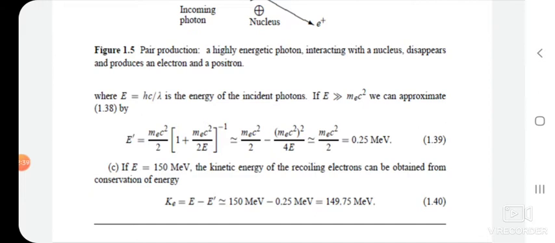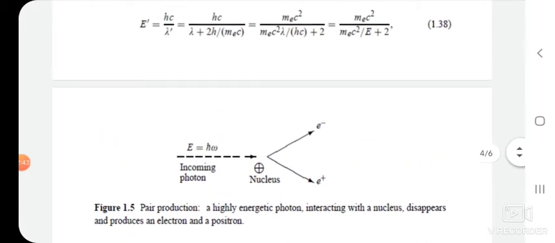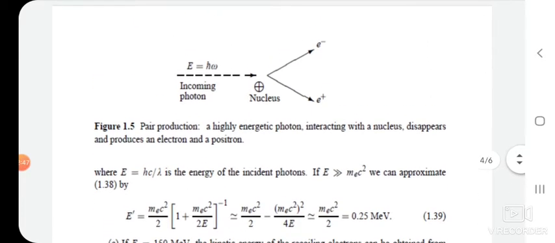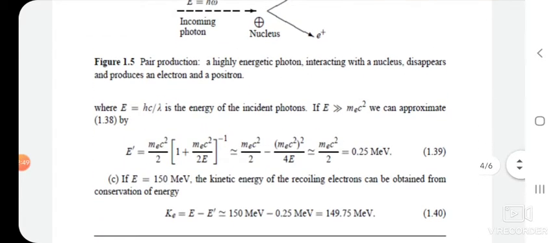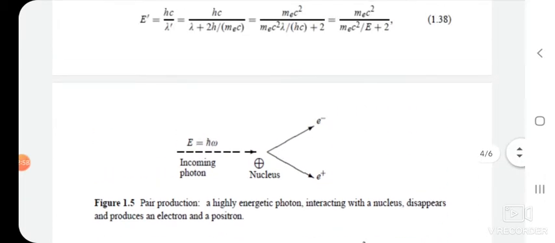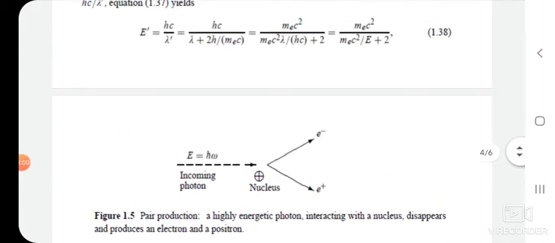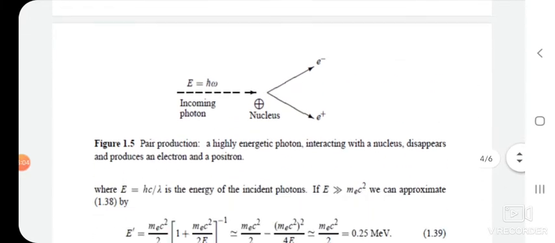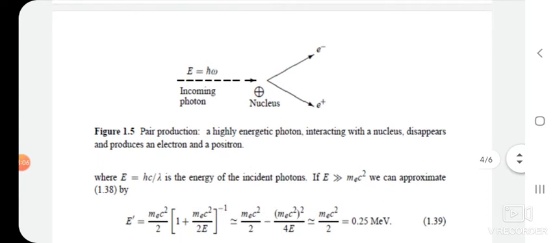By using binomial expansion, you can expand this term. No need to use a binomial expansion, just simply take mec square by 2 common, then you will get 1 plus mec square by 2E raised to minus 1.